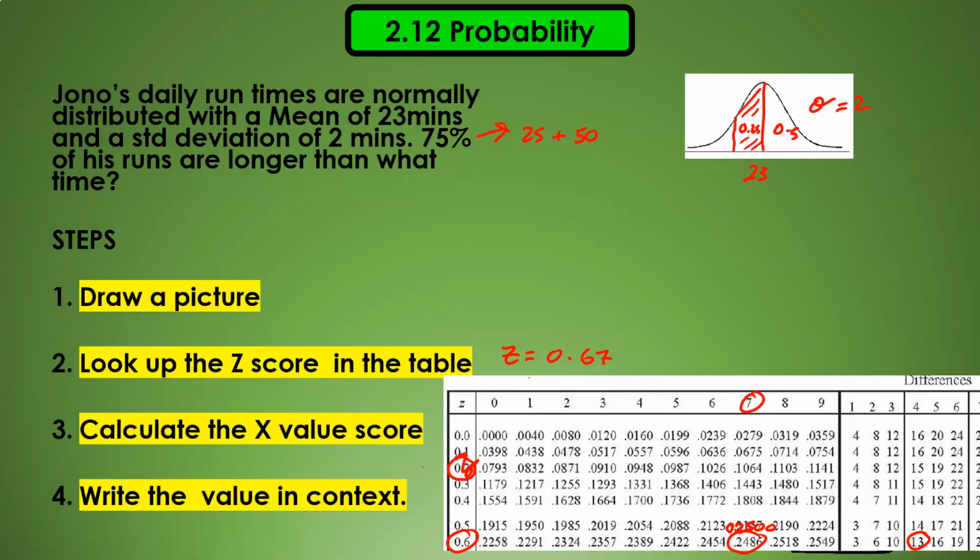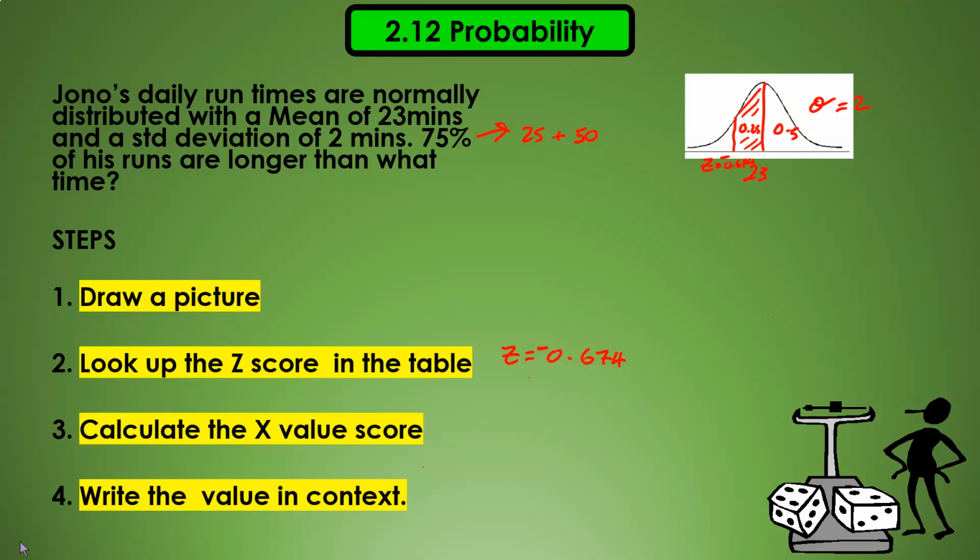So we end up with 0.499 as our probability, but that's close enough. So we're going with the 4. So our Z value, or our Z score, is, sorry, and it should be negative because it's on the left-hand side. So the Z score is 0.674 negative.